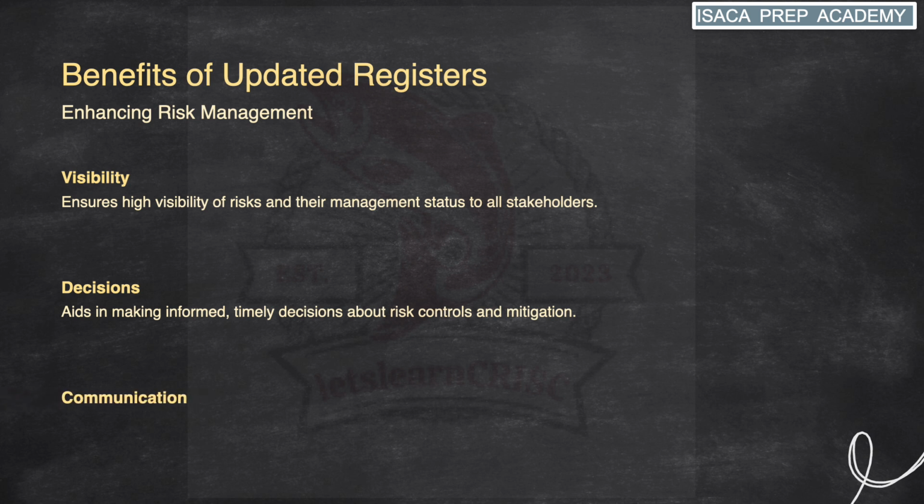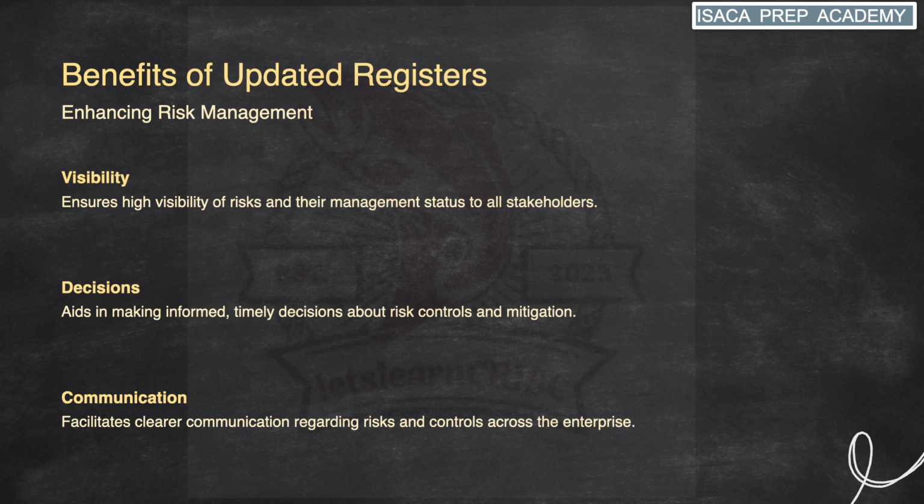Next, about the communication. Friends, facilitating clear communication regarding risks and controls across the enterprise is essential for effective risk management within the company. By ensuring that all stakeholders have access to accurate and up-to-date information about identified risks, control measures, and their current status, the organization promotes transparency and alignment in risk-related decisions.